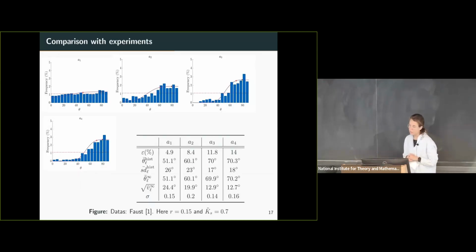So what we found when we compared to the histograms, to the data that I showed you before, was quite good agreement. In particular, when choosing this value for K, S, and varying sigma in such a way to match the average of their histograms and of our distributions, we had quite a good agreement between our stationary state, the purple line, and the histograms.